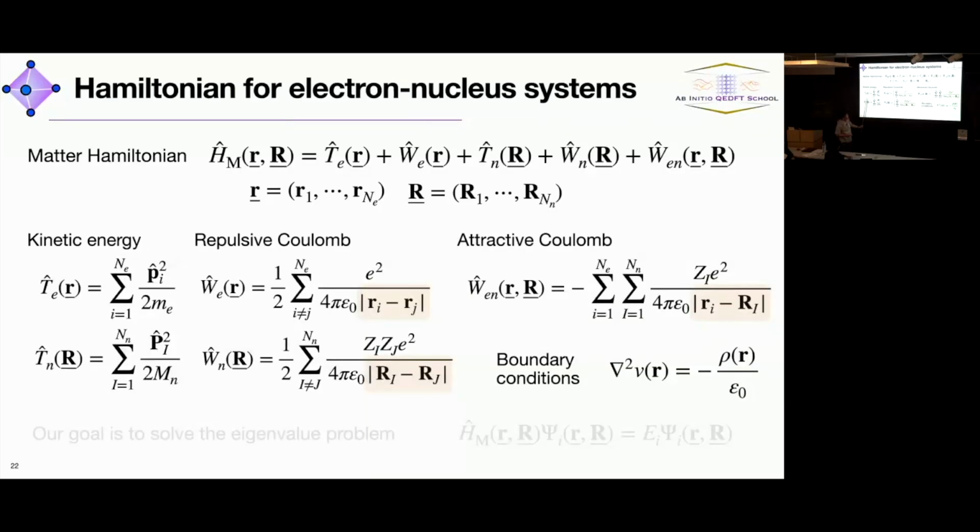I have written the exact form here, so you can see this is an operator. One thing I need to point out is this Coulomb kernel. As you already know, this Coulomb kernel comes from the Poisson solver. If you use a different boundary condition, you are going to get a different kernel.